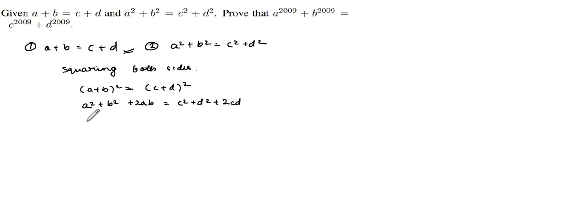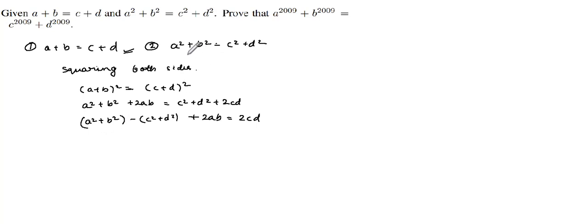Now, if we observe one thing here, we can subtract c square plus d square from the right hand side by bringing it to the left hand side. We will be left with 2ab on the left and 2cd on the right side.